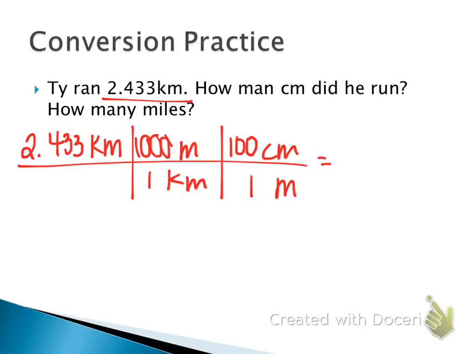For the centimeters, I think I had 243,300. Perfect. Okay, do we agree? We're going to multiply by 1,000 and multiply by 100. Another way you could go about that is moving the decimal place. So I can move the decimal place 3 for 1,000, then 2 more for 100. I get the same thing. Okay, I can move that decimal place.